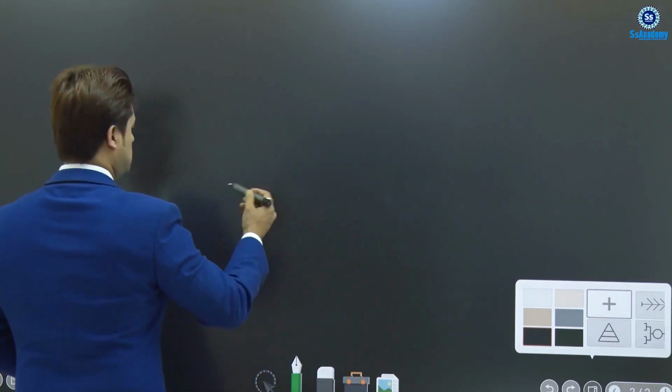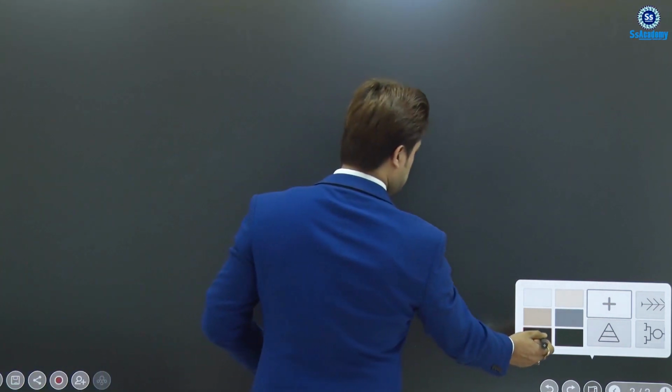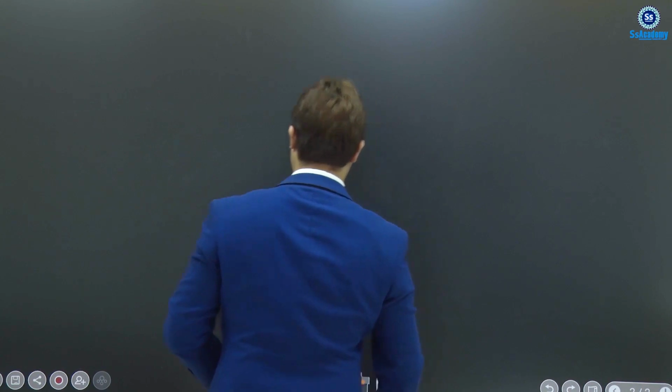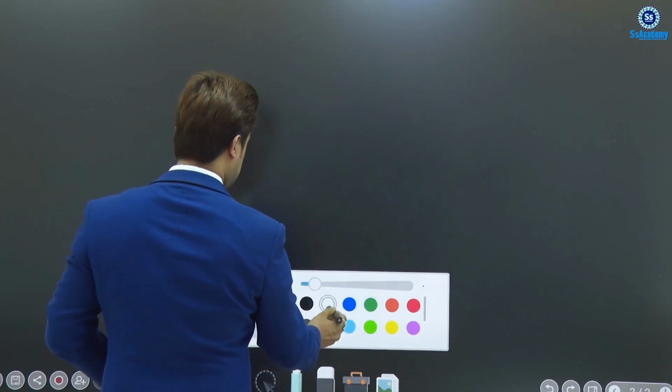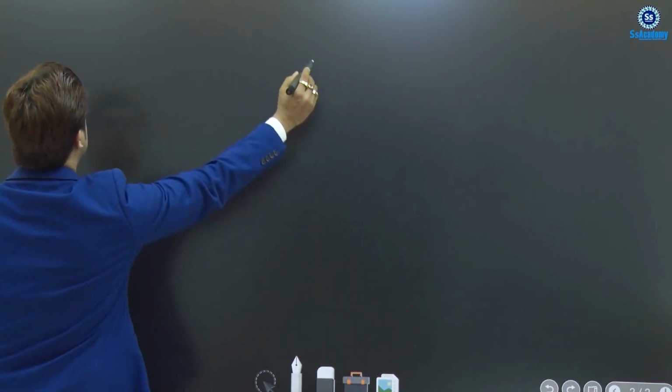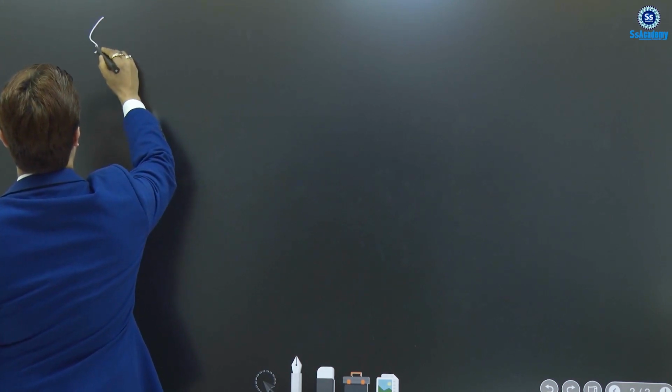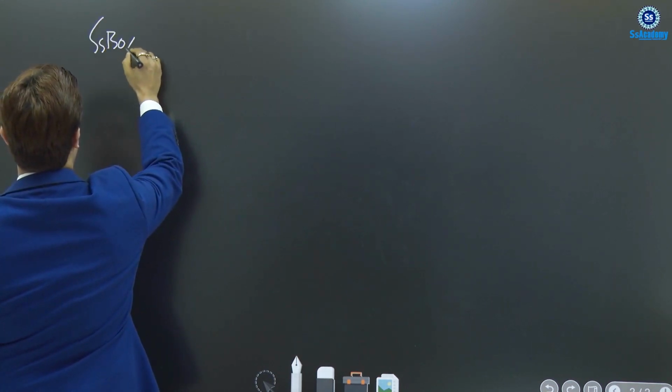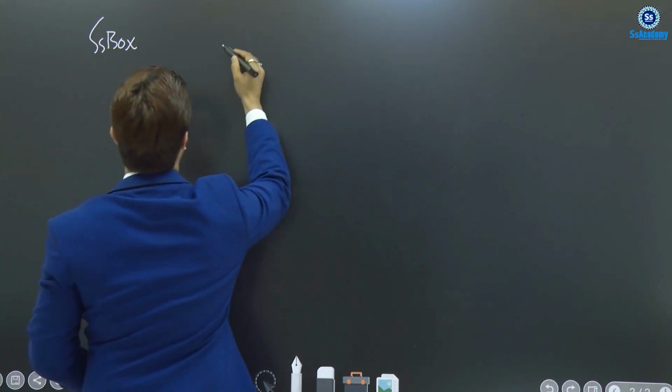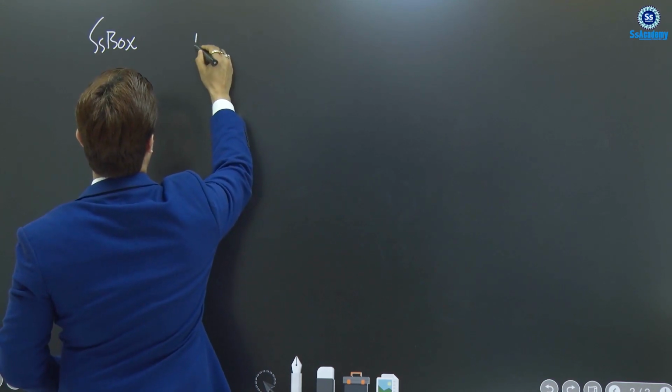On the left hand side, you need to write down the diseases. This is very important, we need to write down the SS box once again.